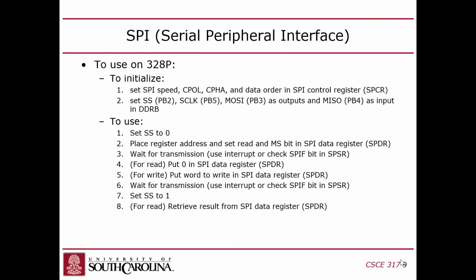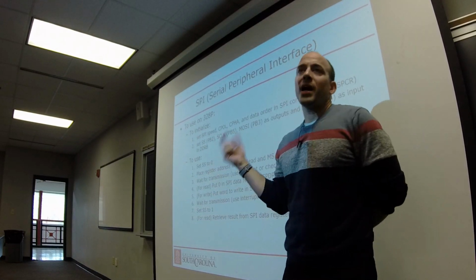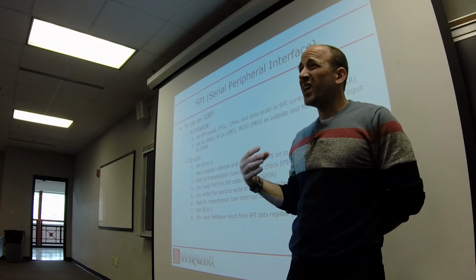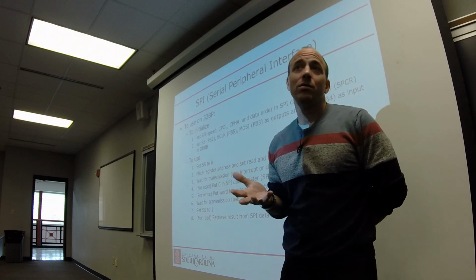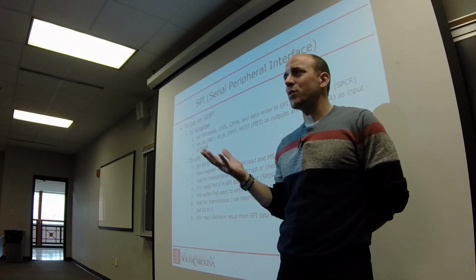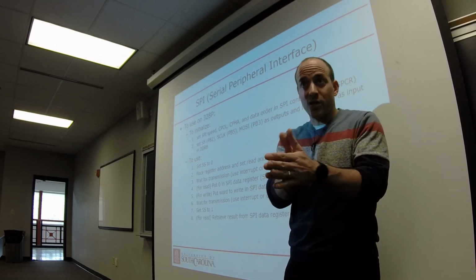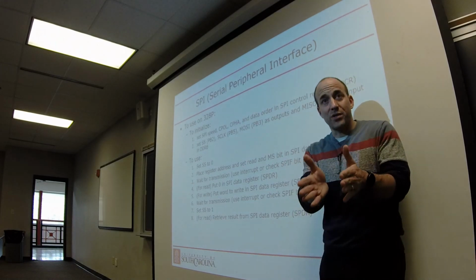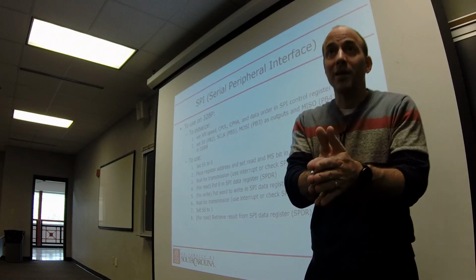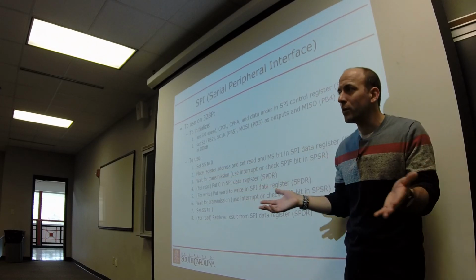And then whenever you want to use SPI, you have to set the SS pin to 0, the slave select. How do you do that? You treat it as if it were just a GPIO. Also surprised me, because it's kind of a hybrid where you treat it like a GPIO in the sense that you directly set some of the bits with your software, but then other bits like the S clock, for instance, are handled automatically for you, right?